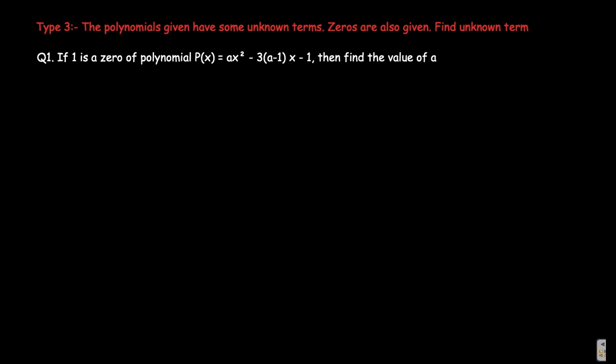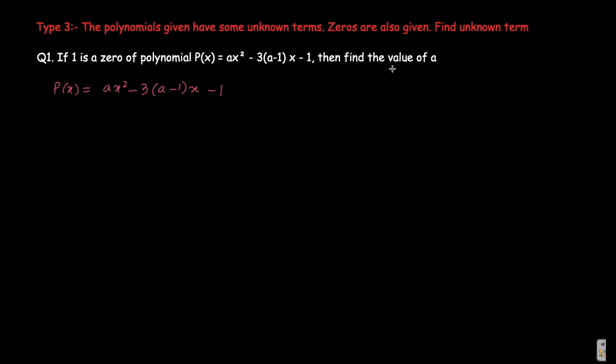Here we are dealing with a quadratic polynomial. The polynomial given is p(x) equals ax square minus 3 into (a minus 1) into x minus 1.